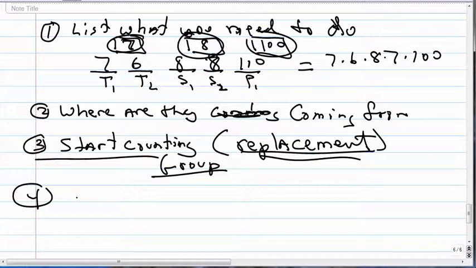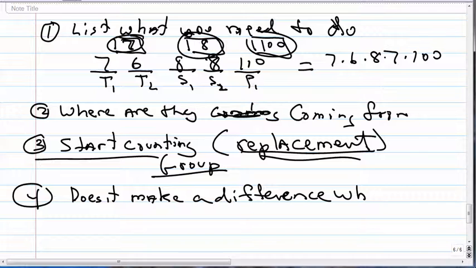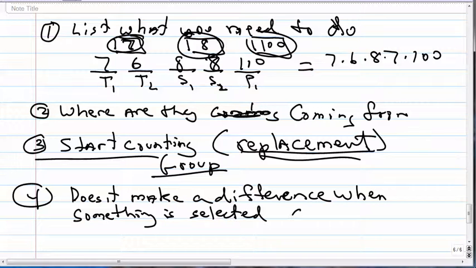And the 4th question: does it make a difference when something is selected? Meaning, order. That's the next question. Do we have order?